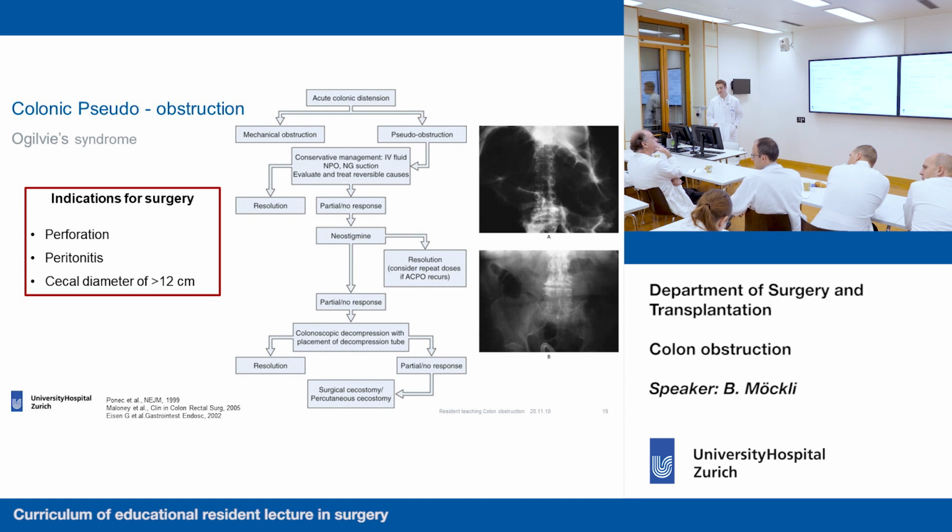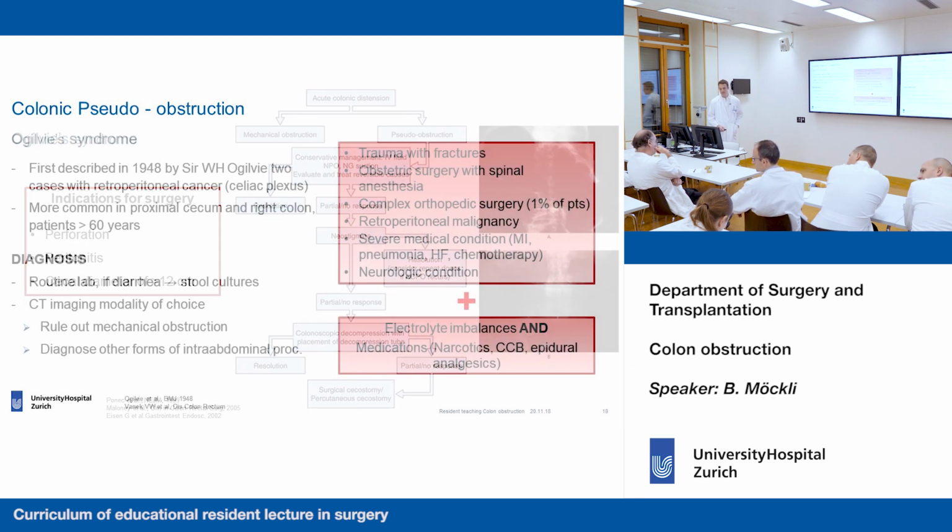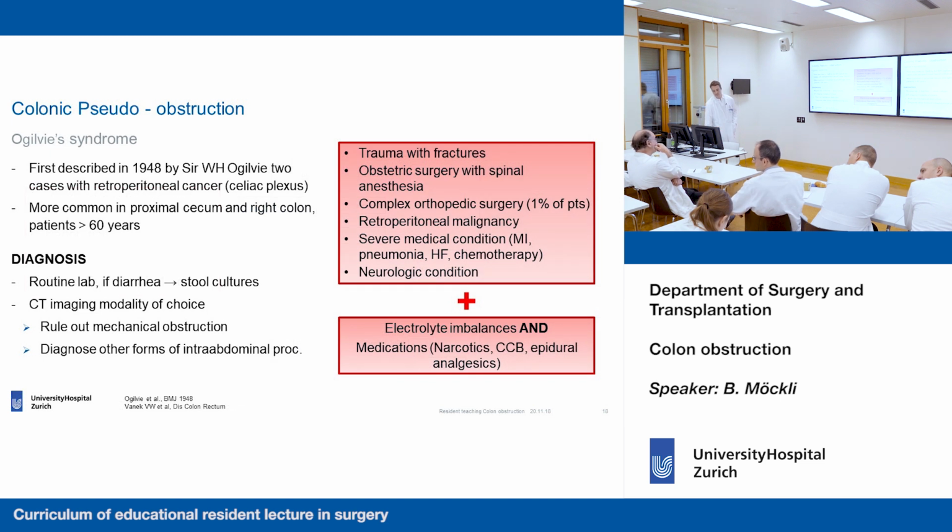And another short question on the detection of toxic megacolon. If I remember correctly, the distension is just 6 centimeters, right? Is that the definition? It's a relatively mild distension, and it's not such a specific distension. So how can I detect this disease? Also a very good question.